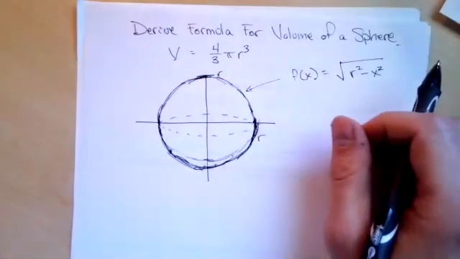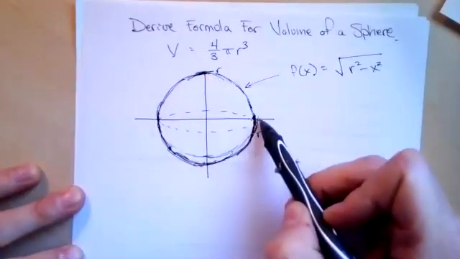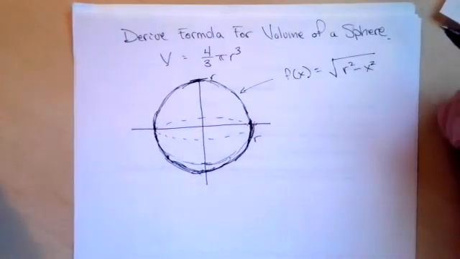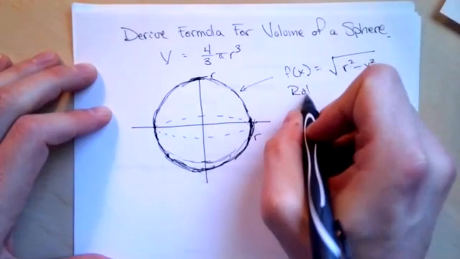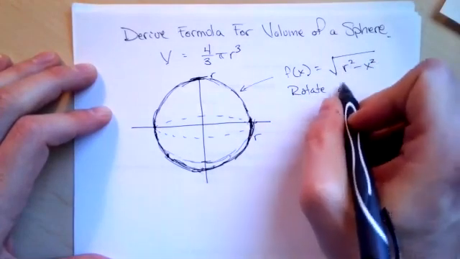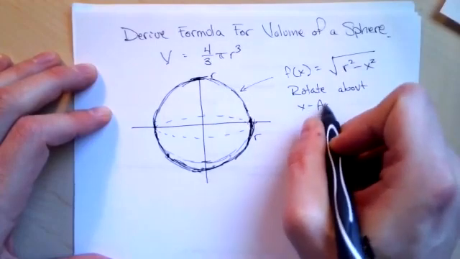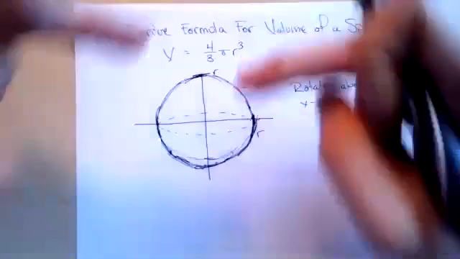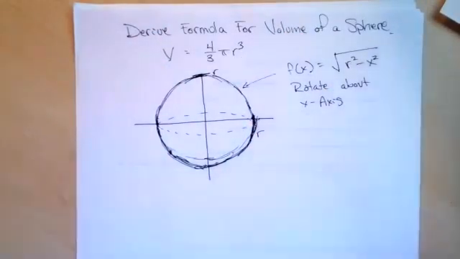So if we just think of it as a 2D graph, this is just the top half of a circle, right? What do we need to do with the top half of a circle to get a sphere? Let's do the same technique and rotate about the x-axis. Namely, if I take this top half of the circle and rotate it this way, we end up with a sphere.